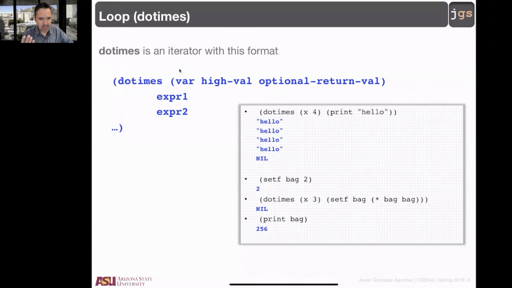the main loop, the loop that we usually use, do times. Do times. And as you can expect, it's going to be open parentheses, and the instruction is do times, closing parentheses. So you want to do a loop.